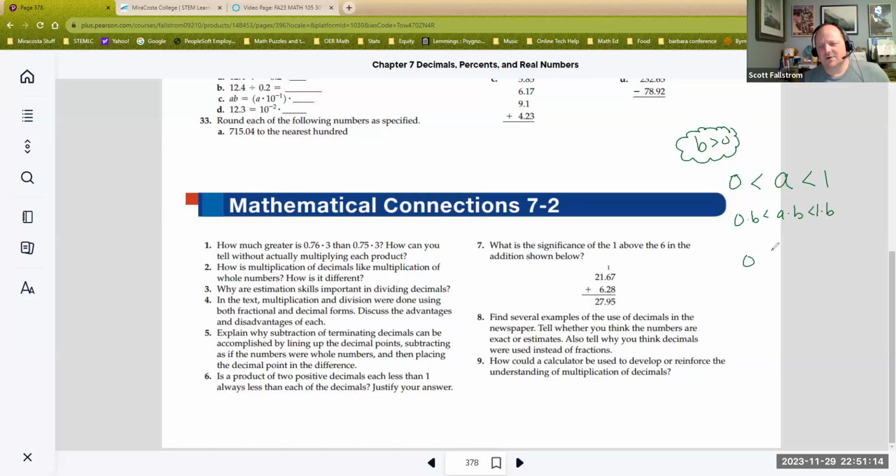So you end up with 0 is less than a times b is less than b. So if you just picked any positive number at all, you multiply by a value that's less than 1, and that product is smaller than the number you started with. And you can reverse the thinking on those digits as well. So that's the big picture there.